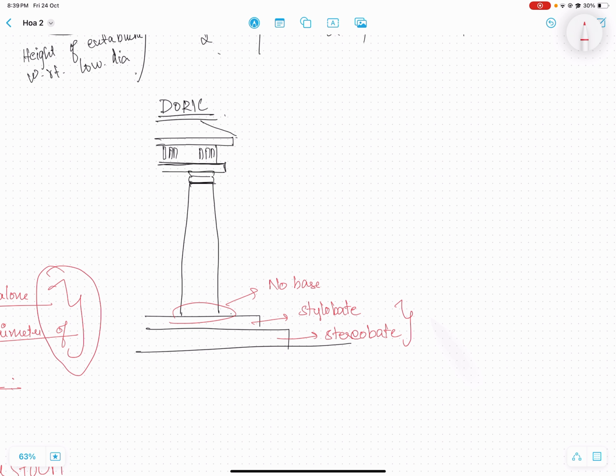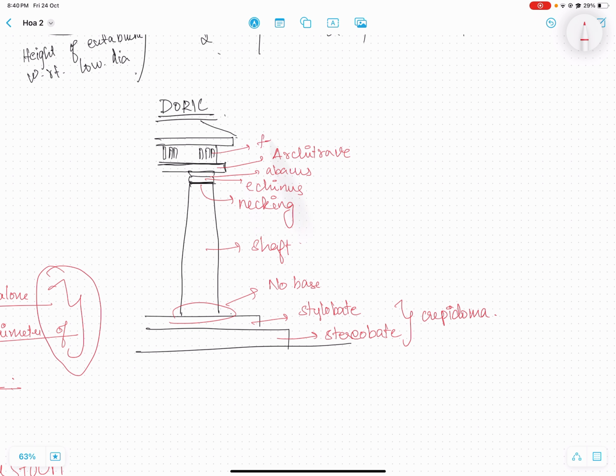These two together are called the crepidoma. Then we have our shaft, and then this is our necking, your echinus, abacus, and our architrave.